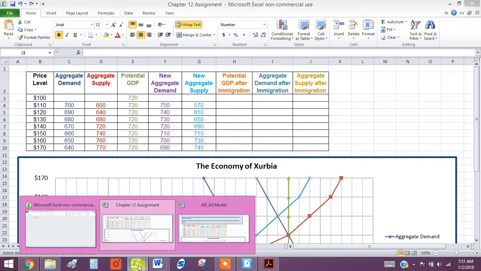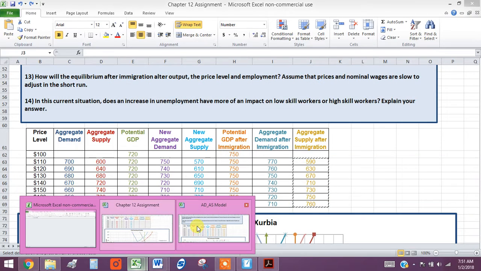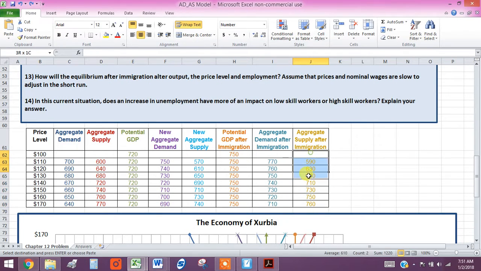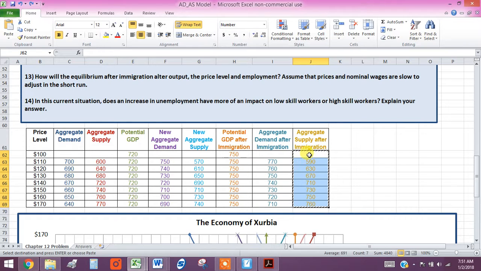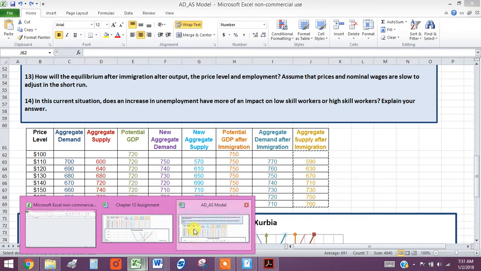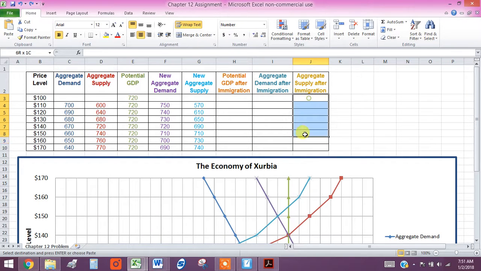Sorry about that. Let me jump back to my graph and copy the whole thing. Control C, and then come back to our graph, Control V. Pay attention. There we go. Now we're good. So we have our aggregate supply after immigration.